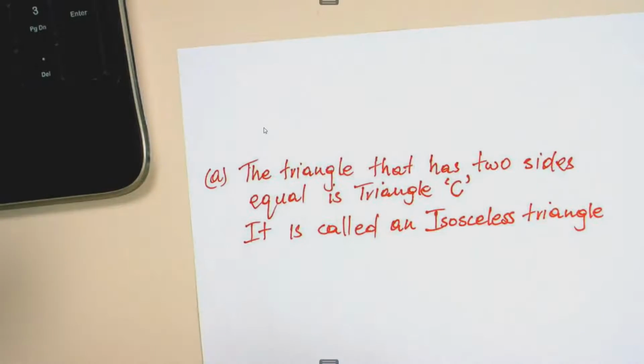It is called an isosceles triangle because it has got only 2 sides that are equal. Right?